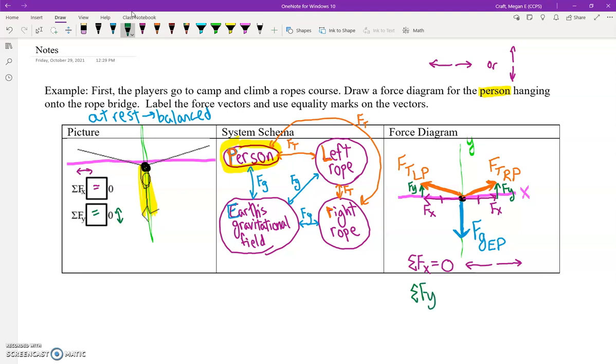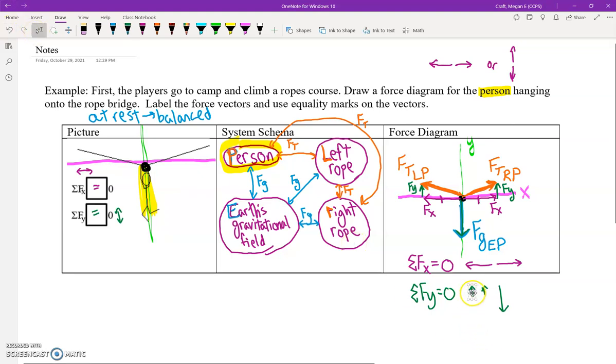We have the Y component of the left tension and the Y component of the right tension. Those are both going up. So we have the little guy for the left arrow Y component, the little one for the right arrow Y component, and then the force of gravity is also going along the Y-axis. So we can draw that in going down.